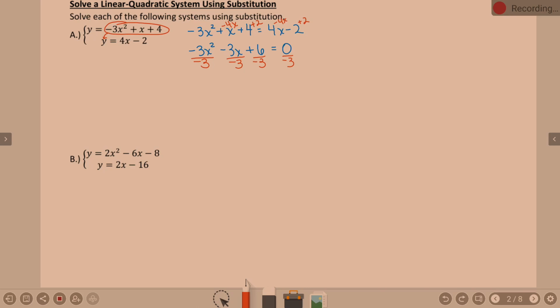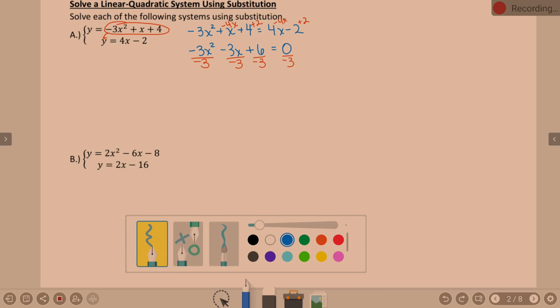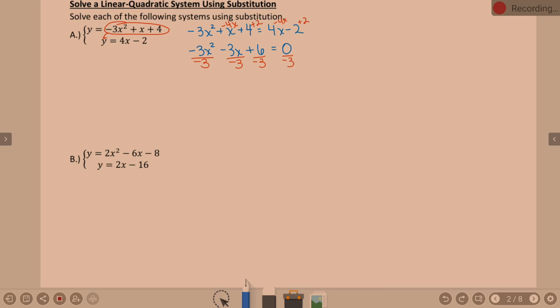Okay? So, with that in mind, negative 3x squared divided by negative 3 is x squared. Minus 3x divided by minus 3 is plus 1x. 6 divided by negative 3 is minus 2. 0 divided by anything is 0.